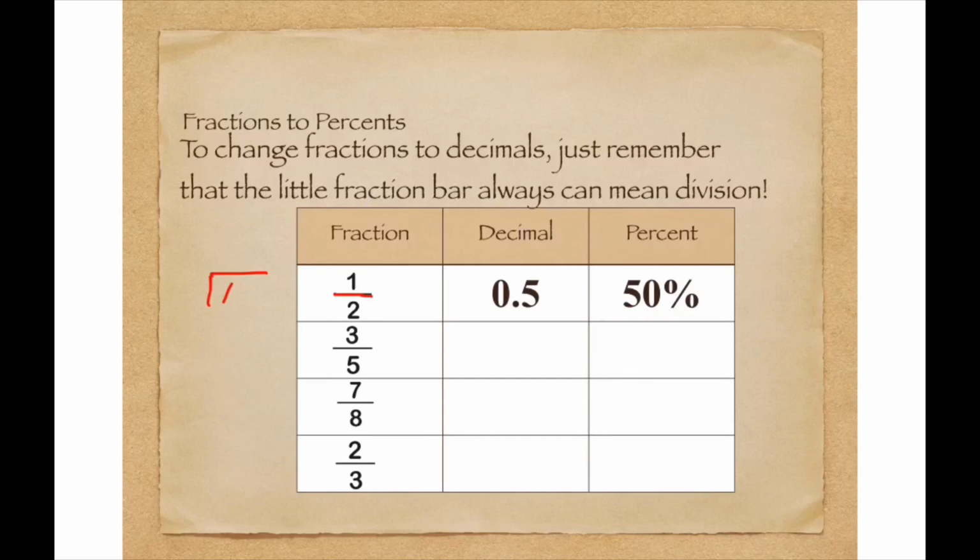The 1 goes on the inside, the 2 goes on the outside, and we divide. So we mark our decimal point, put a 0. 2 goes into 10 5 times, and we've got our answer. So that's where this 0.5 over here came from. That 0.5 came from the fact that 1 divided by 2 is 0.5.